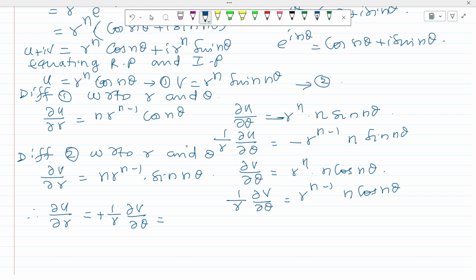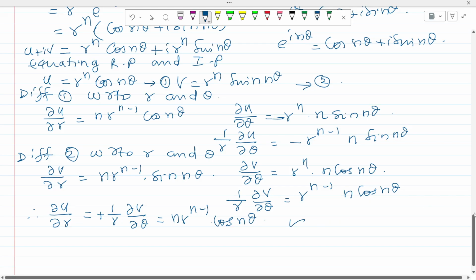Dou u by dou r is n into r power n minus 1 cos n theta. Here also you can see that 1 by r dou v by dou theta is n into r power n minus 1 cos n theta. So this one is verified.